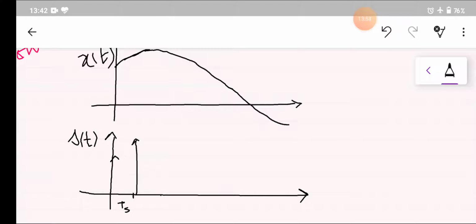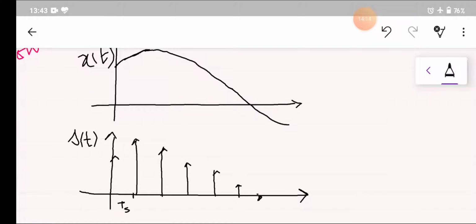So we are having an impulse at this point, then we are having an impulse at this point, and the magnitude will be equal to the magnitude of the signal xt.